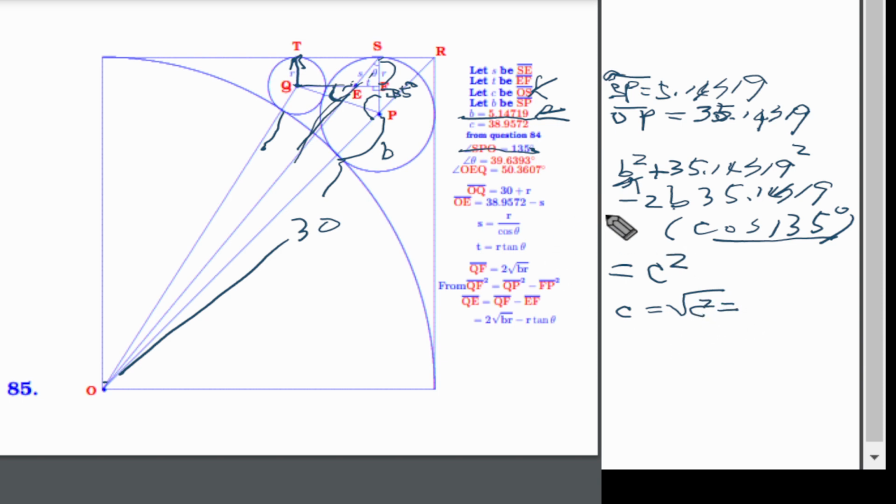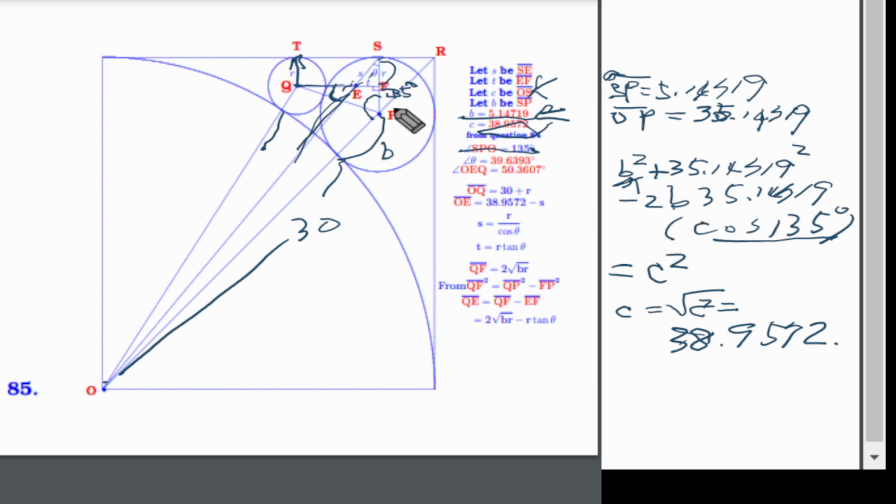The value I calculated already comes out to 38.9572. Okay? So we have three sides now.